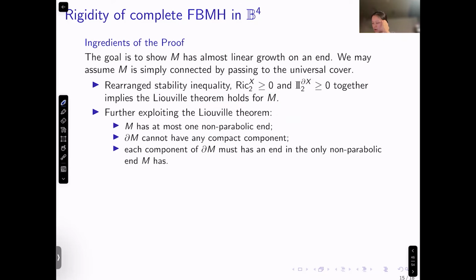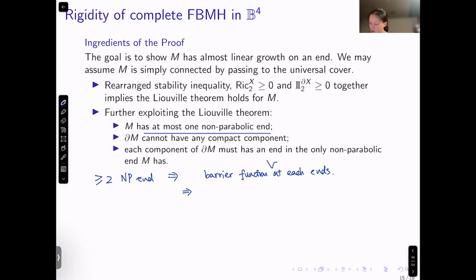And now the nice property about the Liouville theorem is that M can have at most one non-parabolic end. So the idea of the proof is that if you have two non-parabolic ends, then you have barrier functions on these two different ends. So if you have two ends, you can try to interpolate a function between these two barrier functions that will give you a non-constant harmonic function with finite energy.